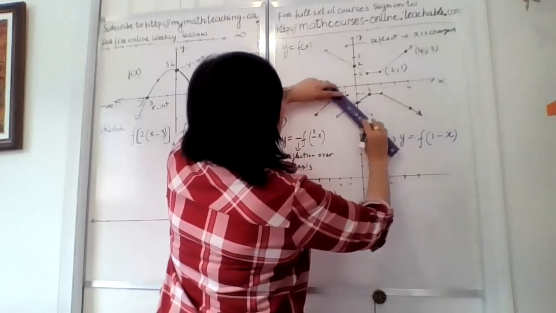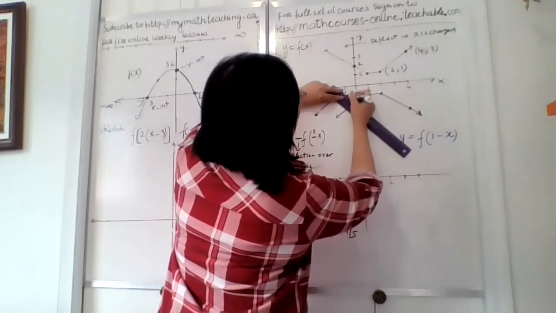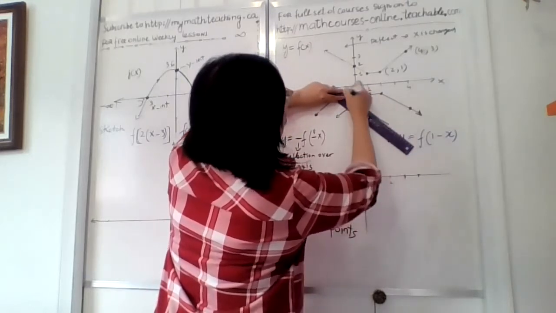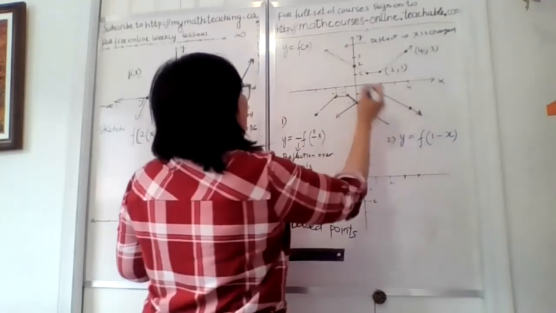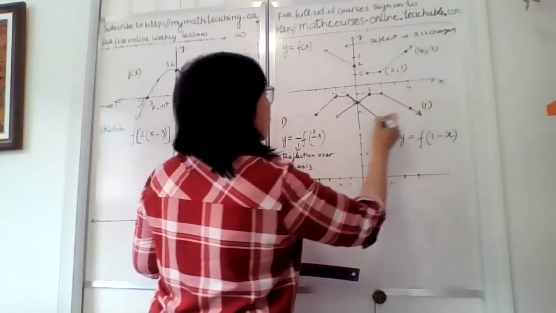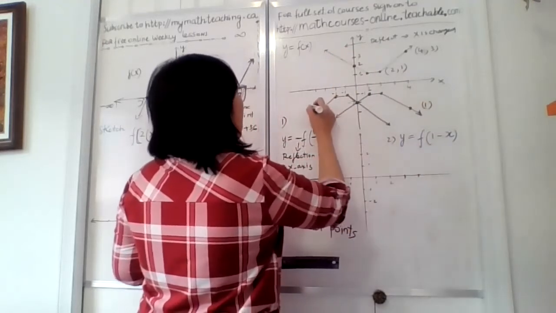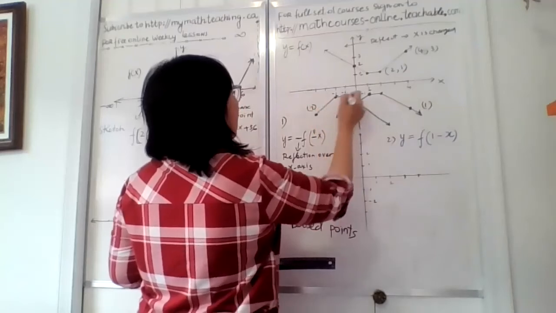So this is the final graph, right? This is the origin, and this is the first transformation, and this is the second transformation.